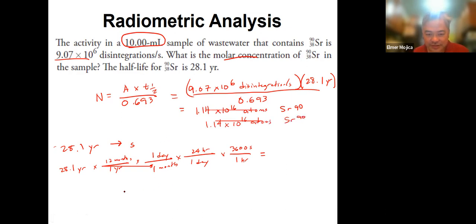And then you're going to convert that. So from 1.14 times 10 to the 16 atoms, ano yung conversion factor natin? In 1 mole, you have the Avogadro's number, 6.022.